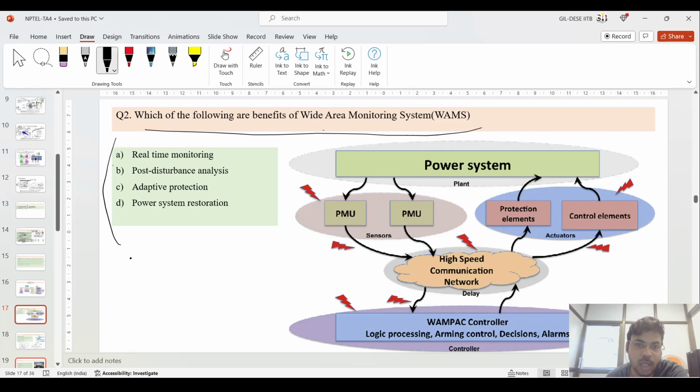Coming to the second question, that is the benefits related to the WAMS system. There are four options I have given. You have to tell me what kind of advantages, these benefits of WAMS, are. Whether the first one is a benefit of WAMS, second, third, or all.